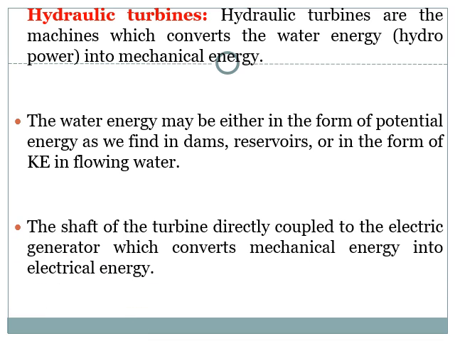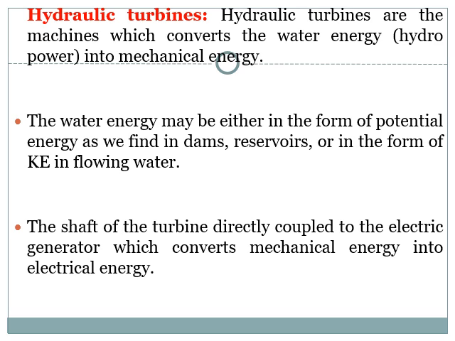The shaft of the turbine is directly coupled to the electric generator. While water is flowing through the turbine, the potential energy as well as kinetic energy gets converted into mechanical energy. That causes the rotation of the turbine shaft.